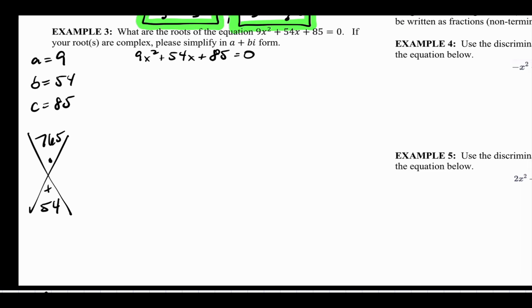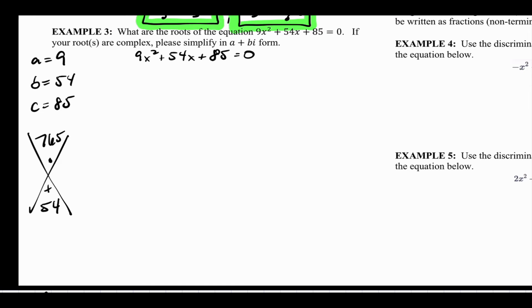So I got to come up with the two numbers that multiply to be 765 and add up to be 54. Well, here's the thing. You can do that. You can say, okay, divided by 5, divided by 15, divided by 25 maybe, 35 maybe. Or you can just say, you know what, that takes too much time. You can always go straight to the quadratic formula.